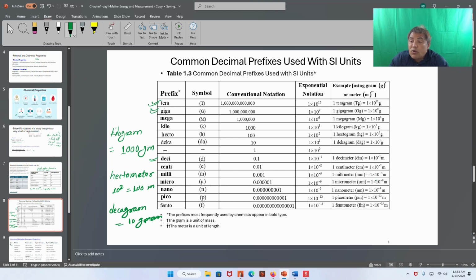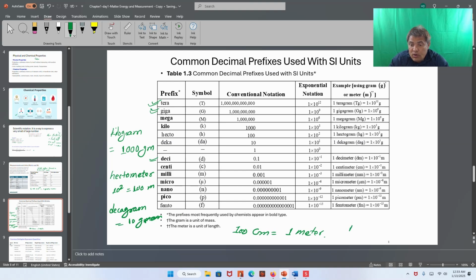Centimeter means 10 to the power minus 2, because you know 100 centimeter is equal to 1 meter. That's why centi means 10 to the power minus 2 meter.